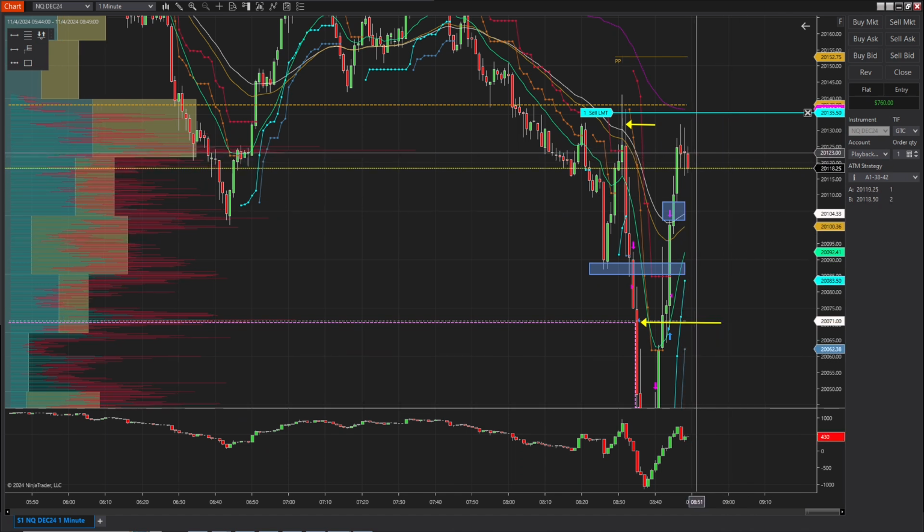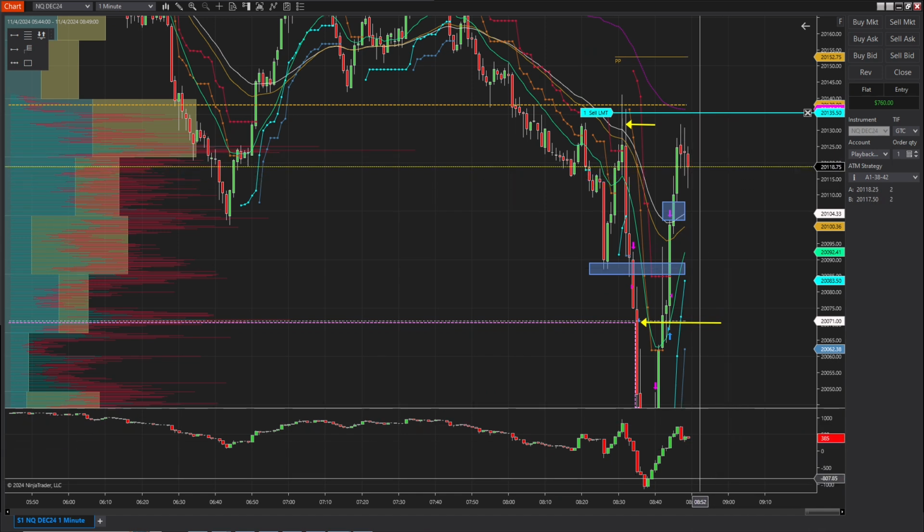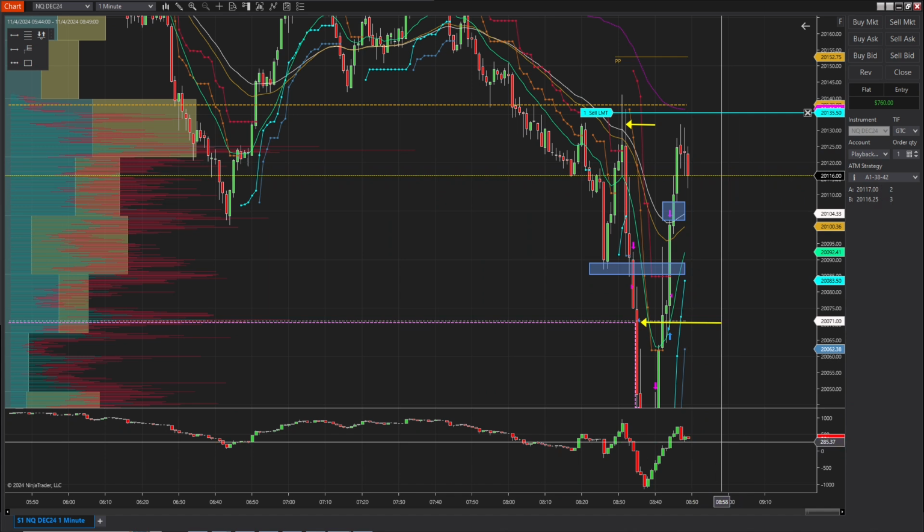Okay, we have another small bodied candle. So ideally I could take a short right here, and we are also approaching 9 o'clock, even though there are not any major reports due today.